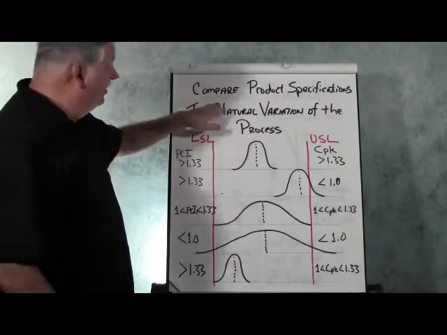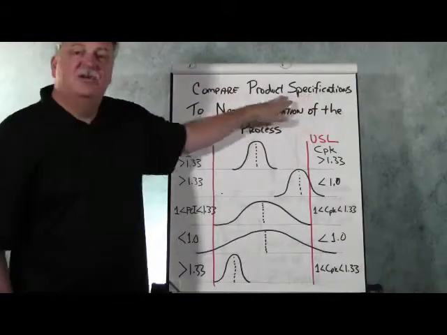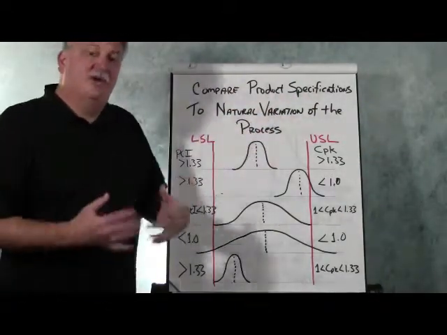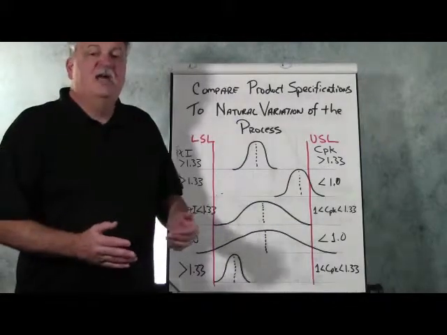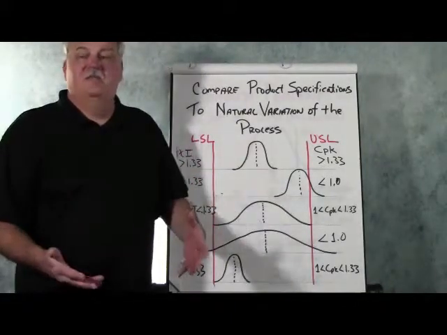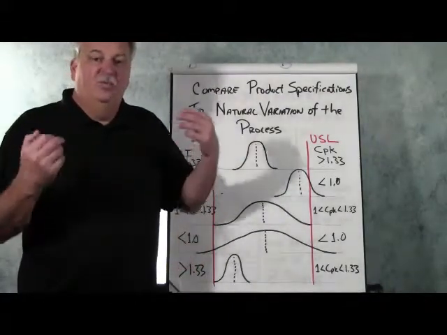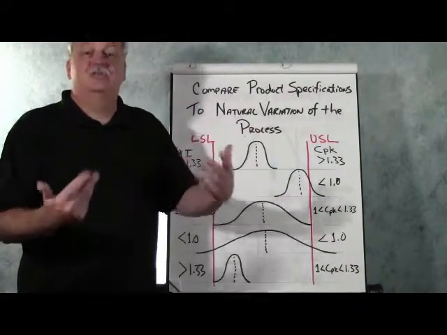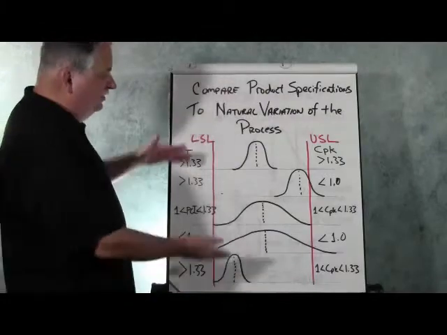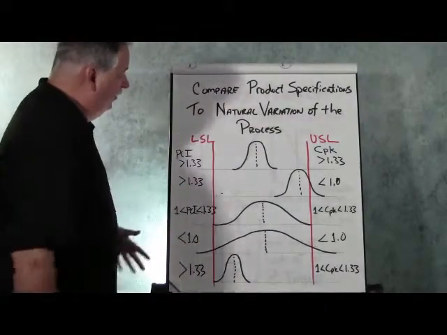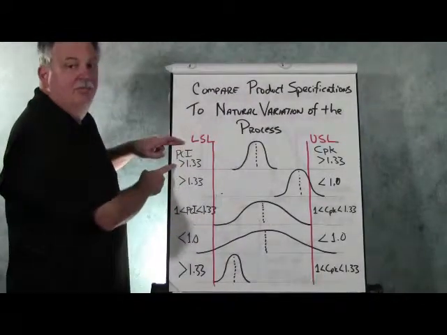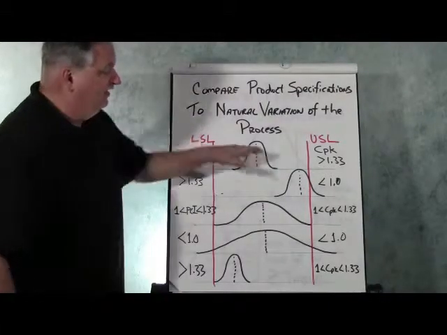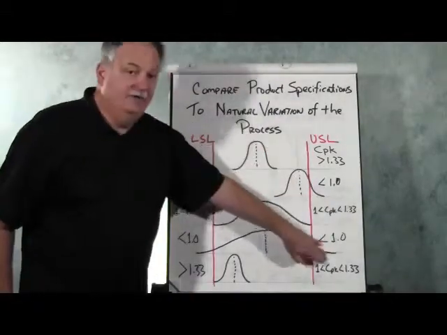All right, so what we're going to do is compare product specifications to the natural variation of our process. What's that normal, natural, random pattern of variability that we have? We can depict that with a histogram or by taking a look at the distribution. So here's a couple of cases. I've put the process capability index values on this side and the CPK values on this side.